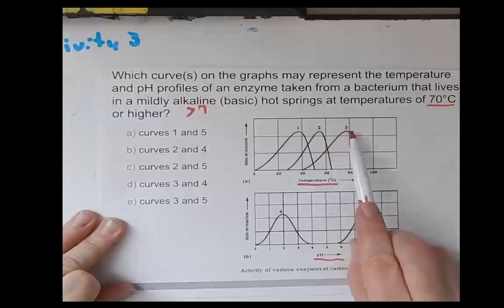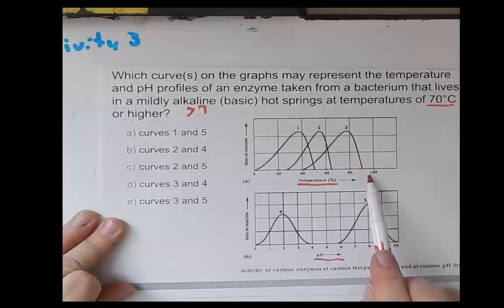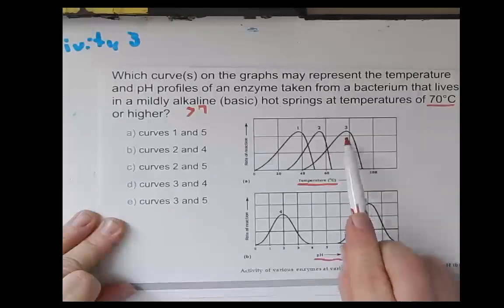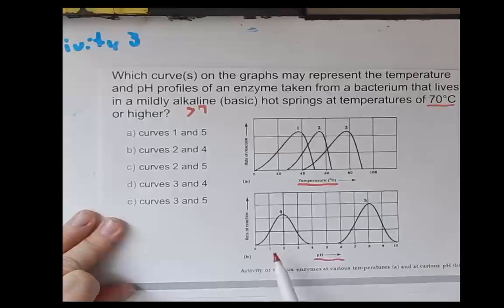And then this third one has an optimal temperature of around 75 degrees, somewhere around there. Down here, we see 2 different enzymes. One has an optimal pH of around 4, so more of an acidic pH optimum. And this other enzyme has a pH optimum of 8, right around 8.